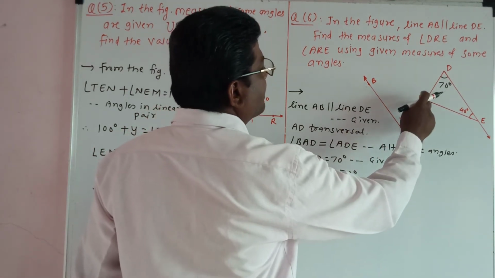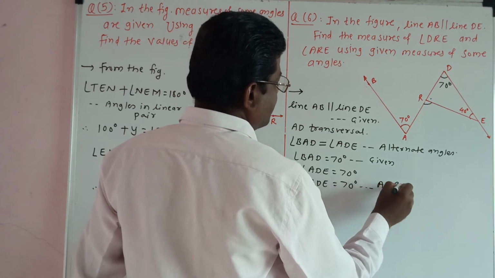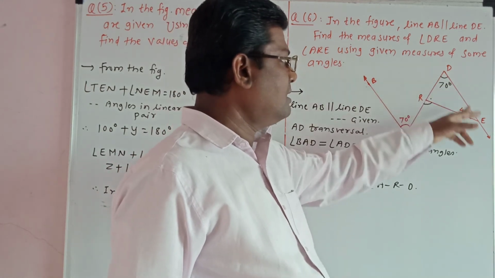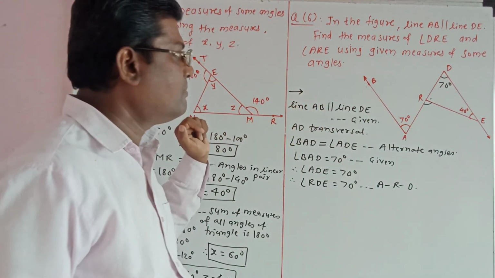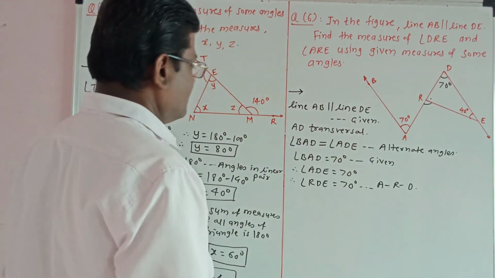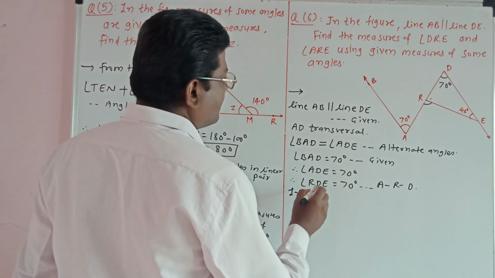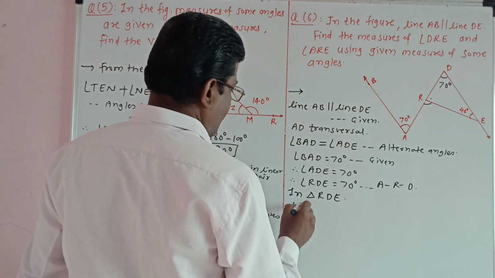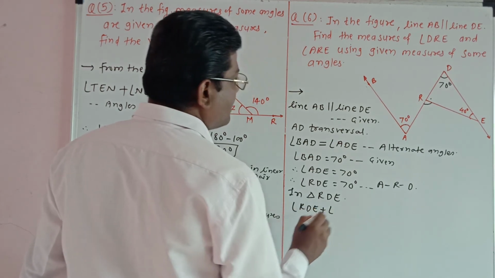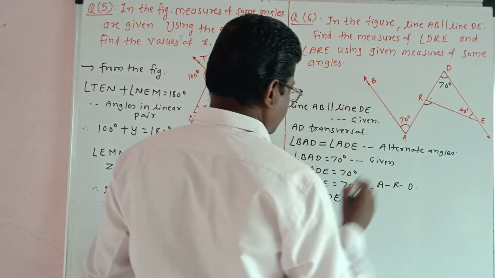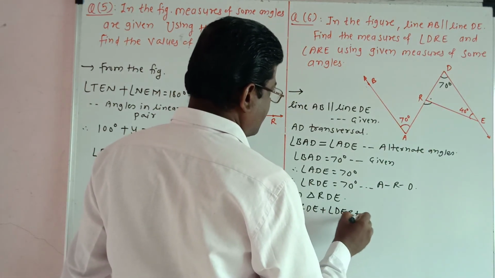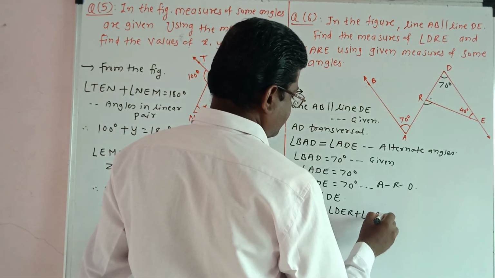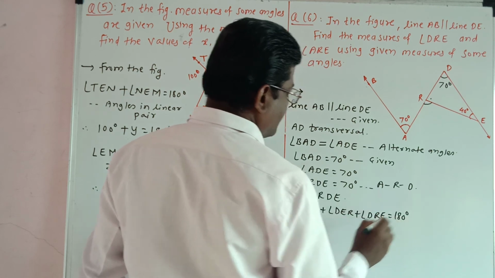Then A-R-D. Now in triangle RDE, sum of all the measures of angles is 180 degree. Therefore we write in triangle RDE, angle RDE plus angle DER plus angle DRE is equal to 180 degree.